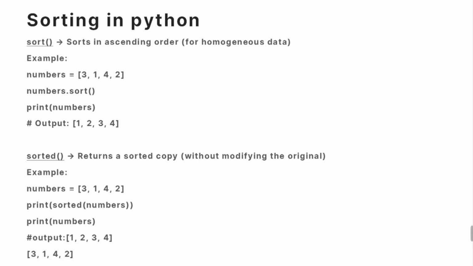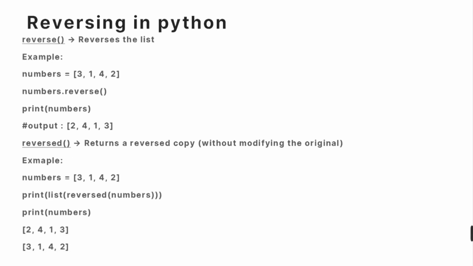Next is how we can reverse the list in Python. For that, again we have two methods, reverse and reversed. Reverse will reverse the list. For example, here you can see the numbers 3 1 4 2. Numbers dot reverse will reverse this list, so it is 2 4 1 3.